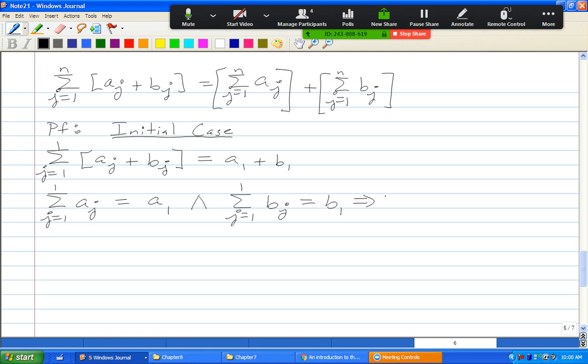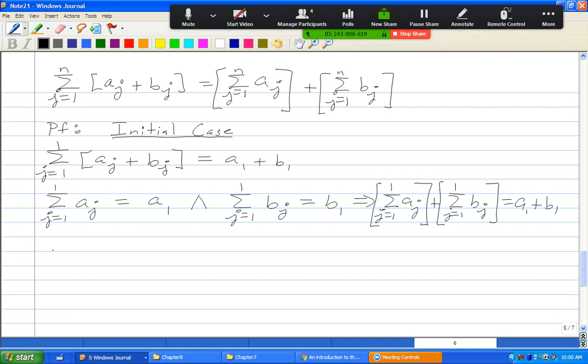So that shows that the sum j equaling 1 to 1 of a sub j plus the sum j equaling 1 to 1 of b j is just equal to a1 plus b1.